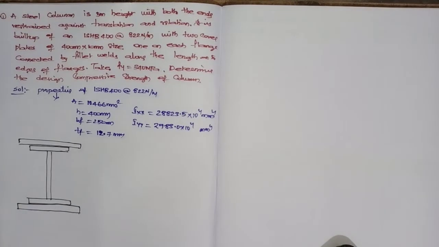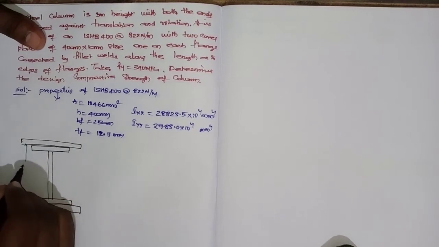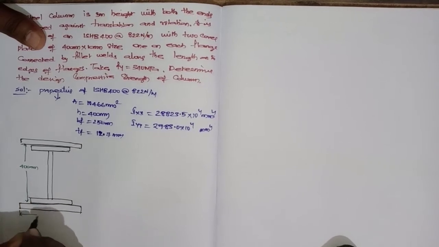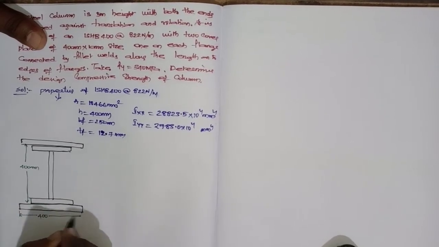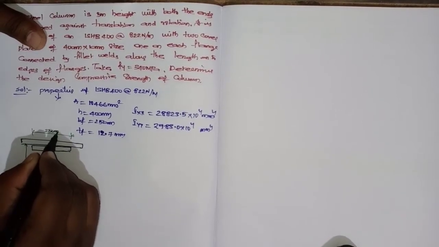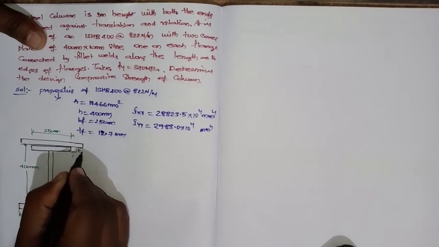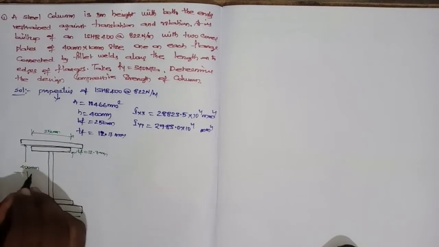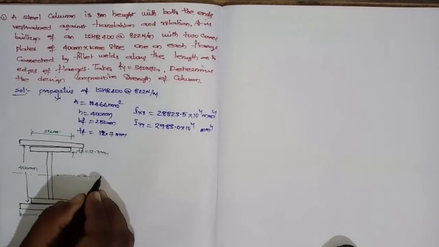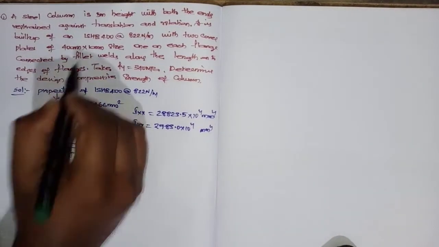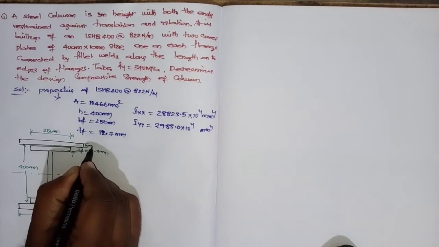Now if I write the dimensions, from here to here it is 400, this is 400, and this one is 250 mm. Next, thickness of flange is 12.7 mm. Plate thickness is 10 mm.